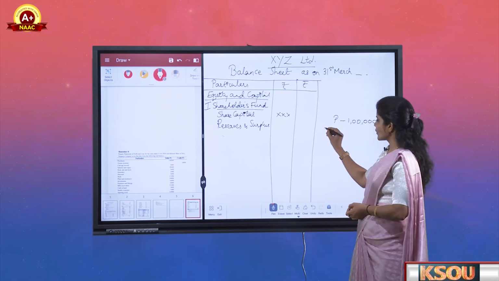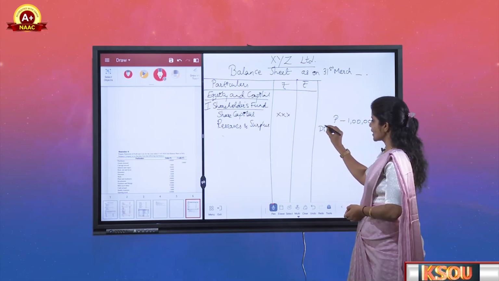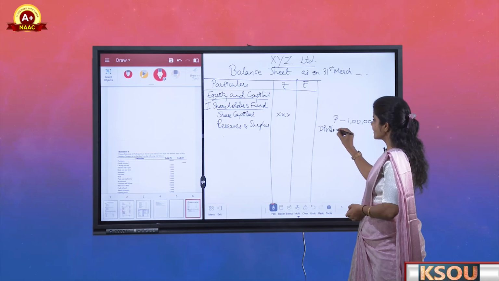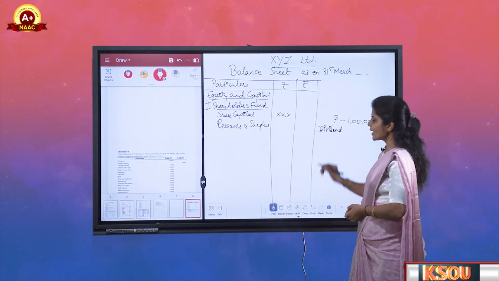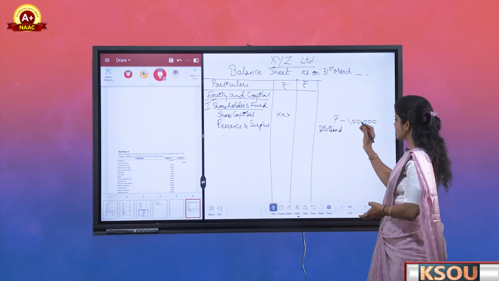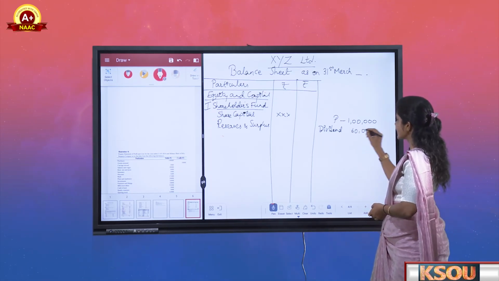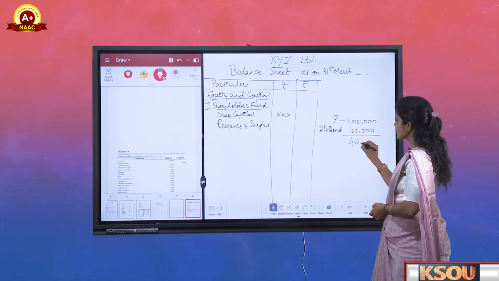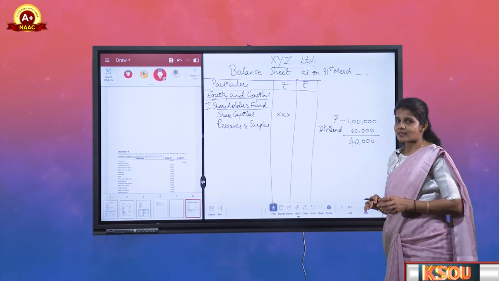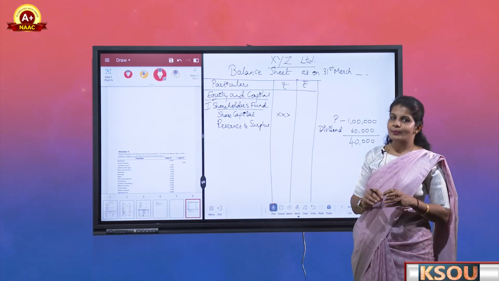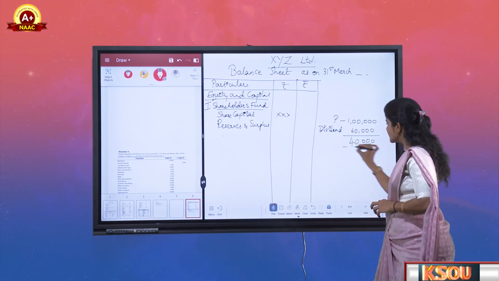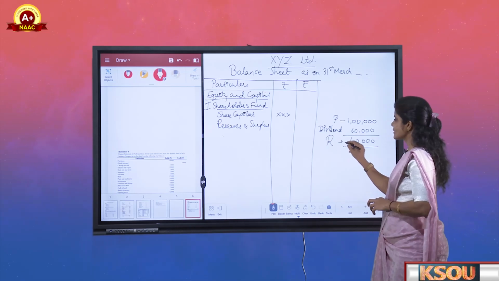The part of the profit which is distributed to the shareholders is called dividend. Say for example, out of 1 lakh rupees, 60,000 rupees of dividend is declared by the company. So what about this 40,000? This will be kept in the business for meeting future needs. So this is called reserves.